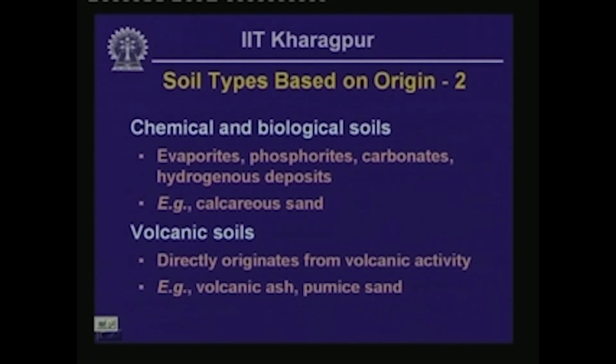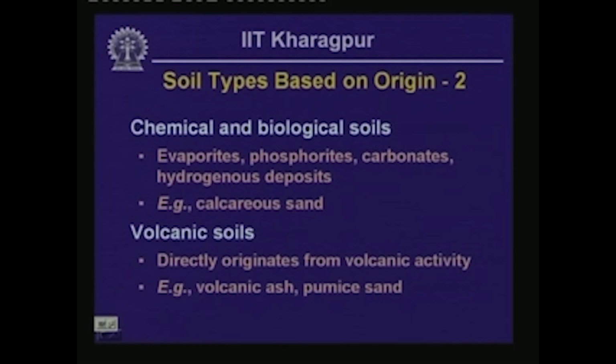They also get deposited from solutions of carbonate minerals, or it could be hydrogenous deposits that develop in submarine environments near hydrothermal vents, which we will consider later on in one of the future presentations.